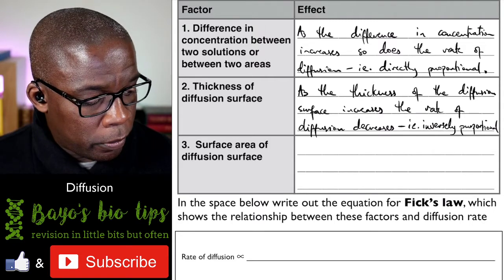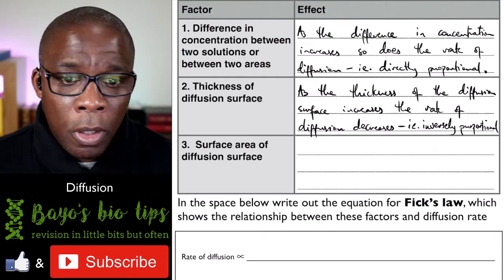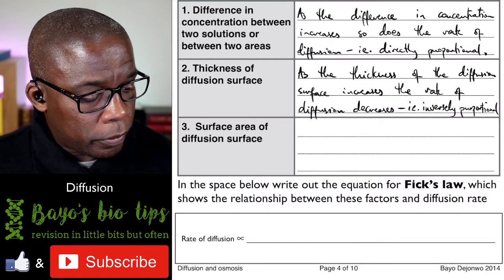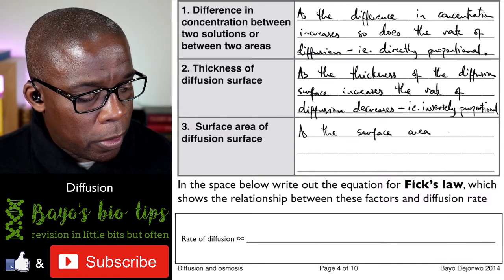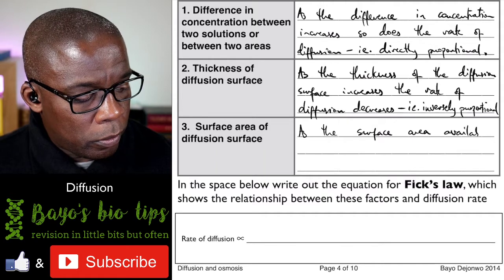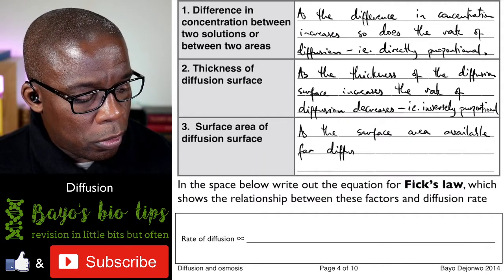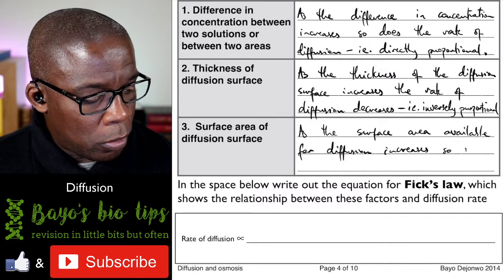Okay, there's one more to go. The surface area of the diffusion surface. As the surface area available for diffusion increases, so does the rate.